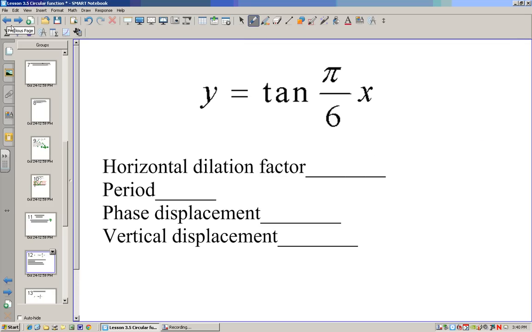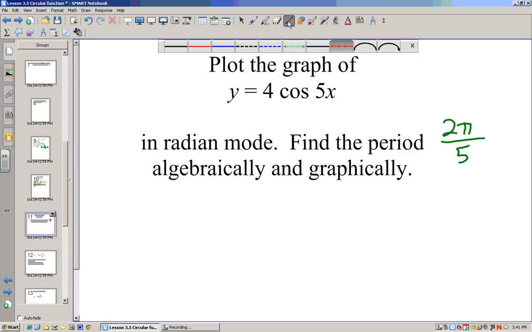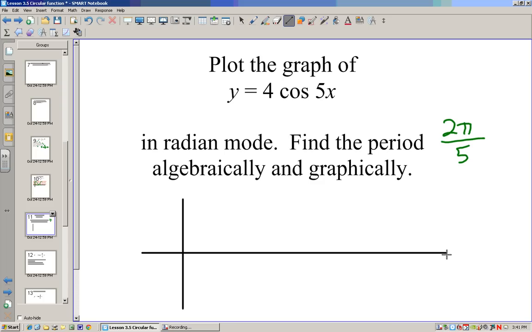All right, now tangent. What I should do is, if I want to graph this real quick, we'll go 4 above and 4 below.